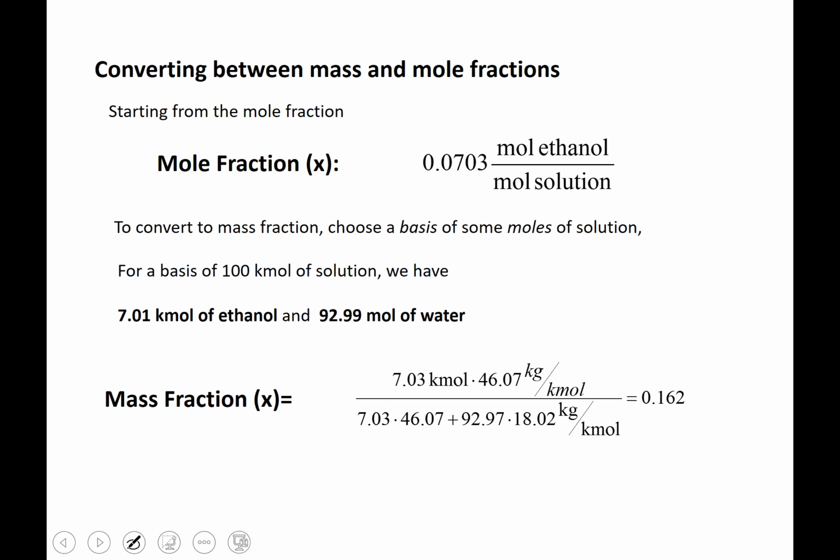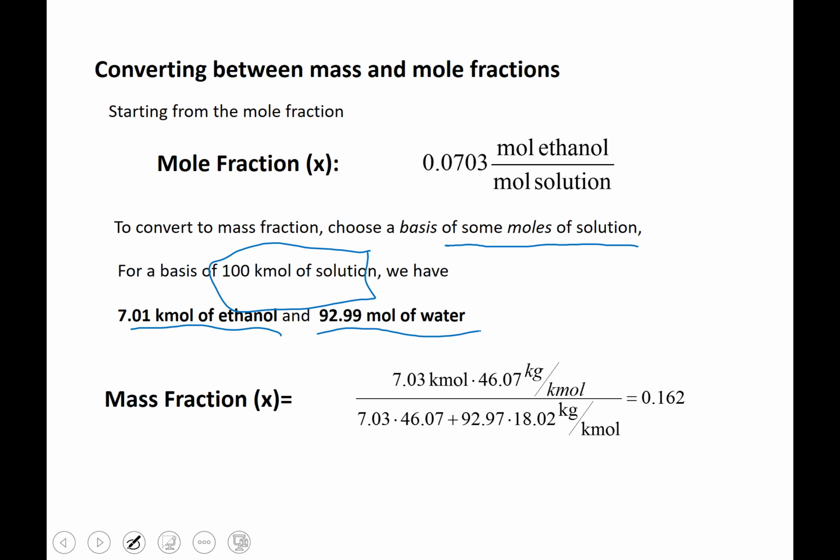Now if we start from the mole fraction, then we start with the basis of moles. Let's start with 100 kilogram moles of solution. So we have 7.01 moles of ethanol and 92.99 moles of water.